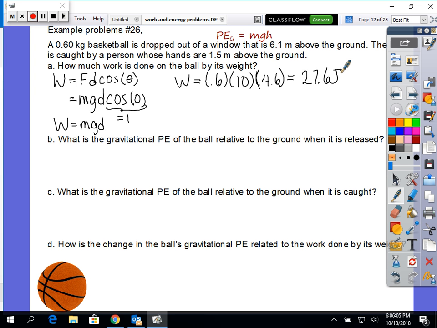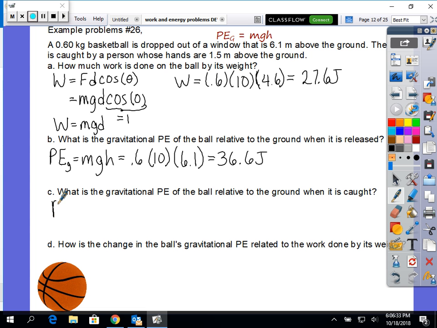What is the gravitational potential energy of the ball relative to the ground when it's released? The gravitational potential energy is mgh. 0.6 kilograms times 10 meters per second squared times the height when it's released, which is 6.1 meters, gives us 36.6 joules.